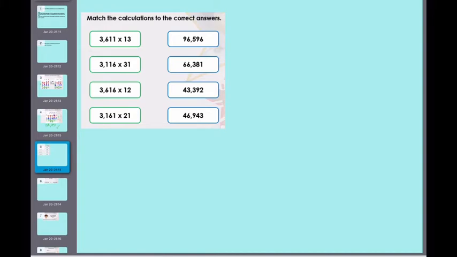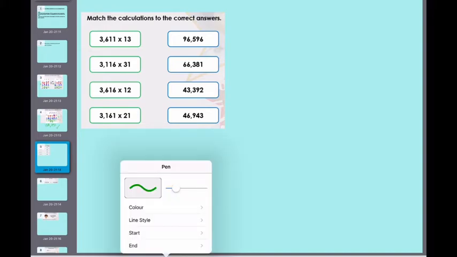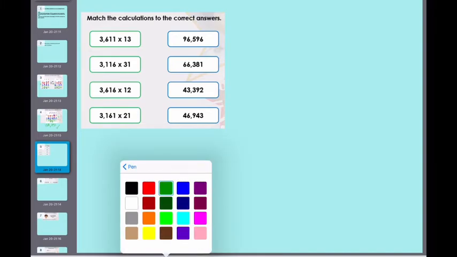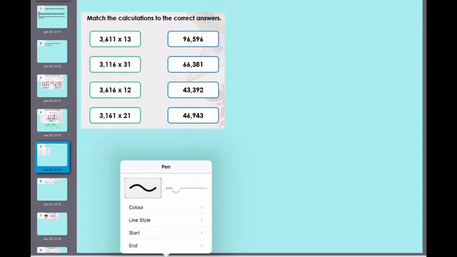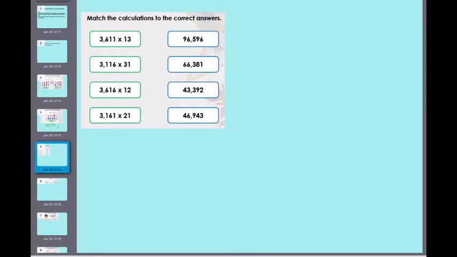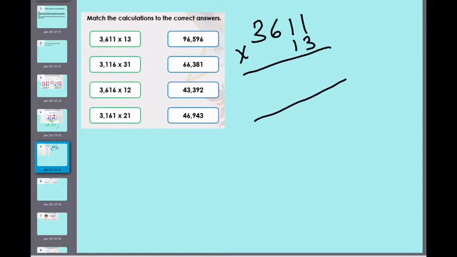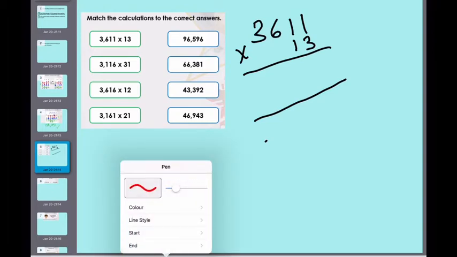Well, welcome back. So I'm going to do these ones nice and quickly, just to save us a little bit of time, and hopefully you have done something similar. So the first one, we had 3,611 multiplied by 13. I will switch colours as I did before.